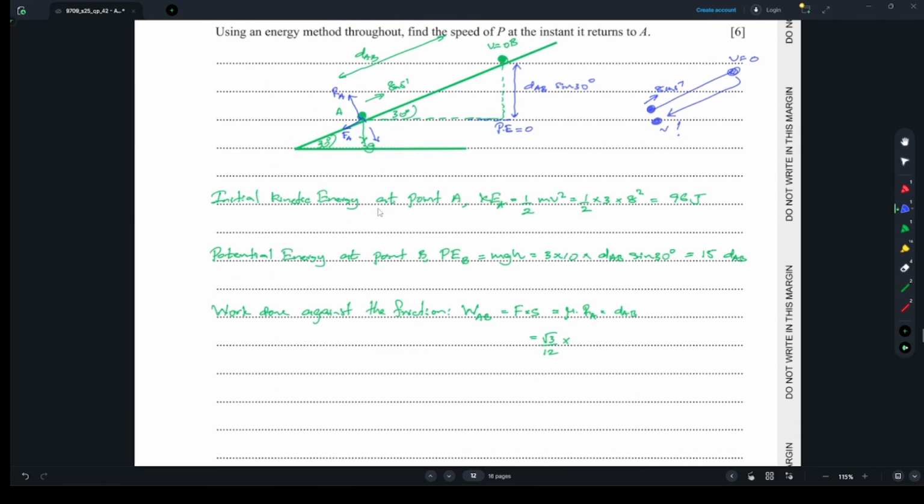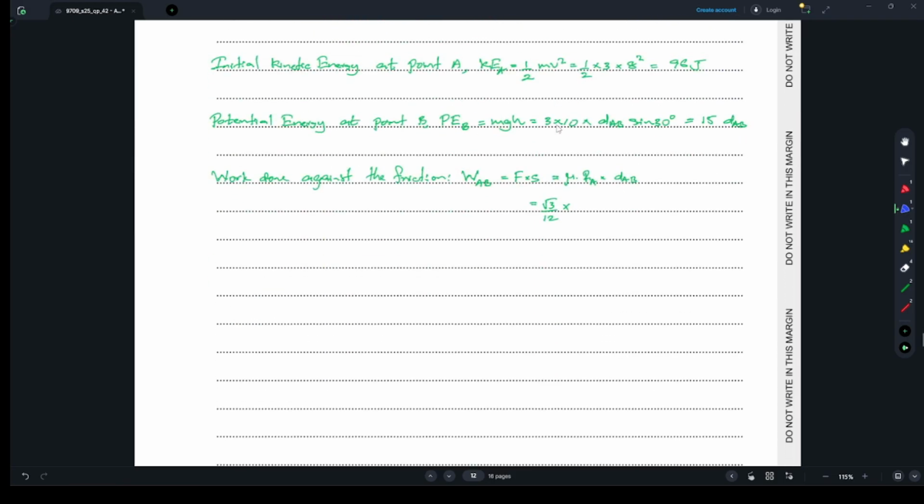Okay, because this angle is also 30 degrees. So this force is 3G cos 30. Okay, so R is 3G cos 30 times DAB, we don't know. So we can simplify this one a bit.